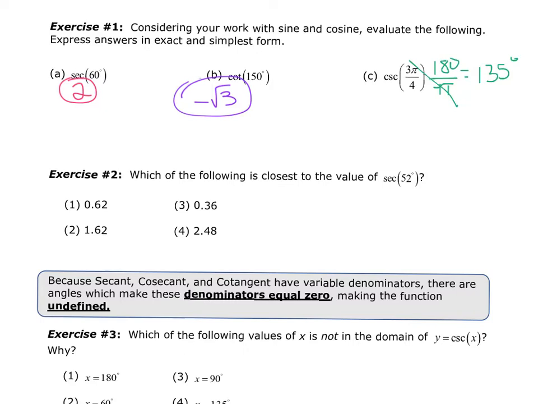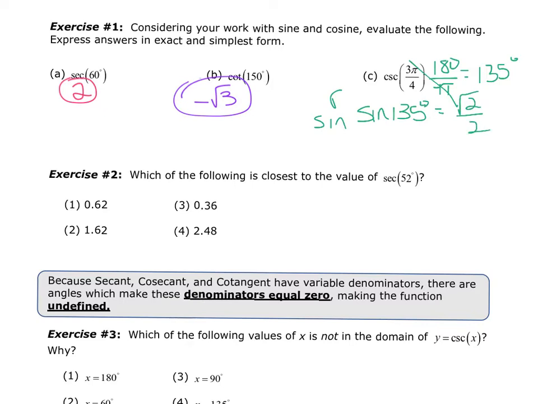So the cosecant is the reciprocal of the sine. So I want to find the sine of 135 degrees. So 135 degrees has a 45-degree reference angle, so it's going to be the square root of 2 over 2.